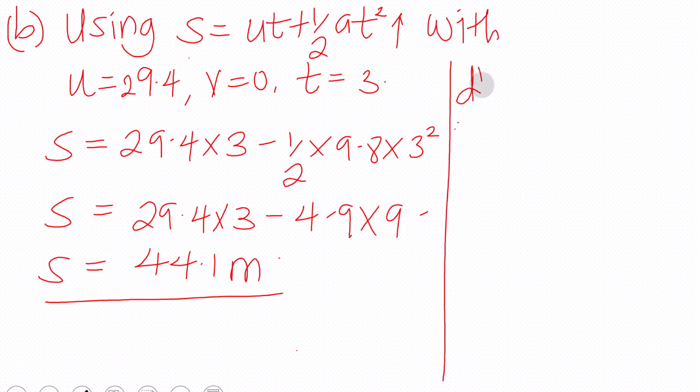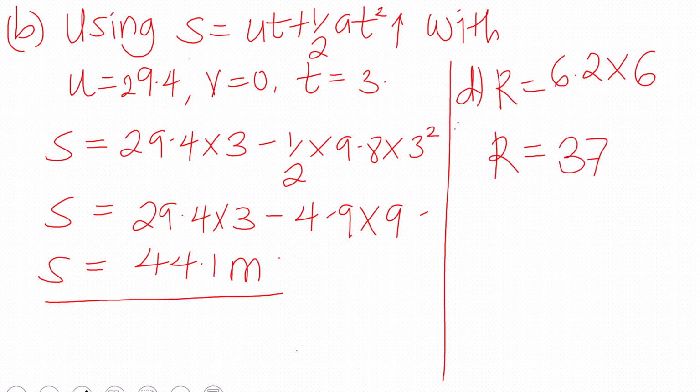I know that r will be equal to the horizontal velocity, u in the x, which is 6.2, times the time of flight, which is 6. So the range in that case will be 37.2 meters. Things are very simple here in projectiles.